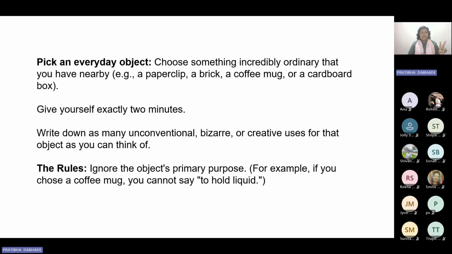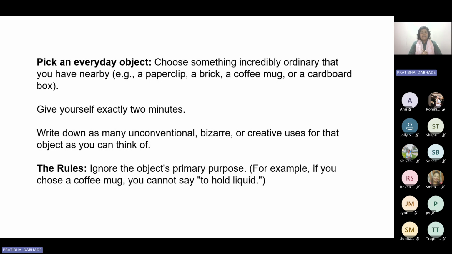Take 2 minutes, right? And here you're going to write the creative uses of that particular object. You have to just think about it, right? And please ignore the primary purpose of that object, right? Just do it immediately. Come on. Take paper and a pencil or pen.